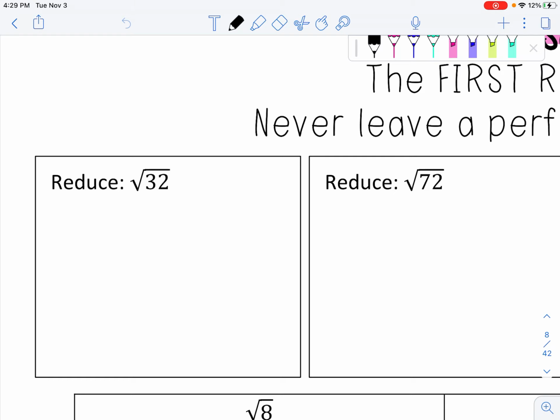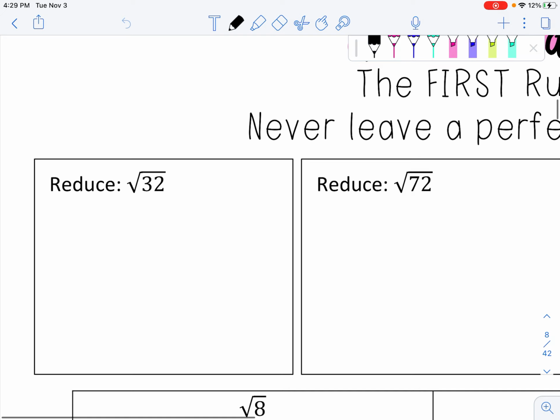The reason I can reduce the square root of 32 is because I know that 32 can be rewritten as 16 times 2. And the reason why we would be able to do that, and the reason why we would want to do that, is because 16 is a perfect square.